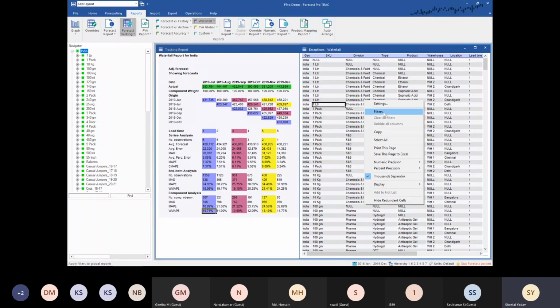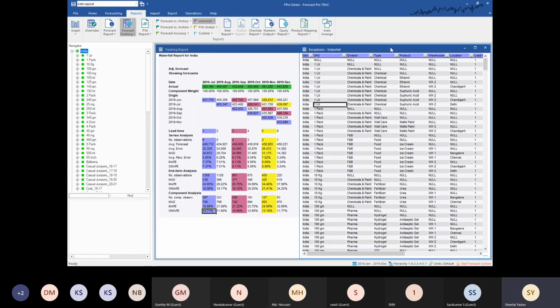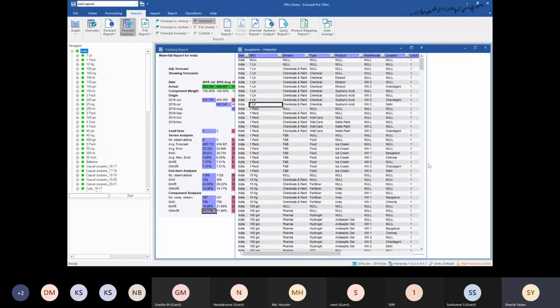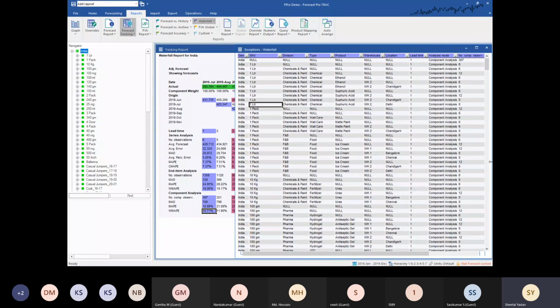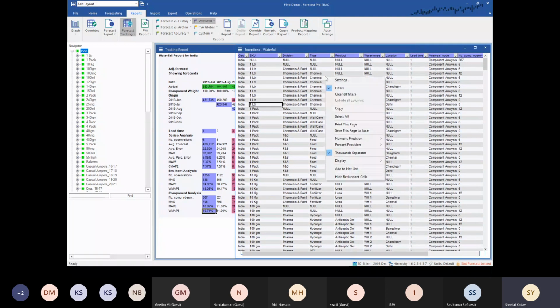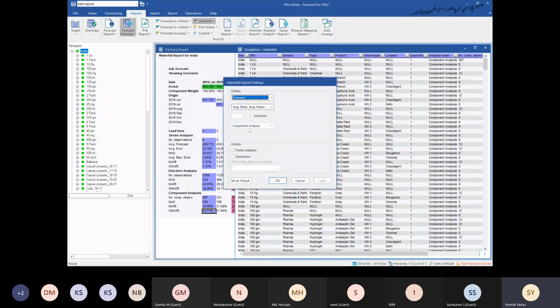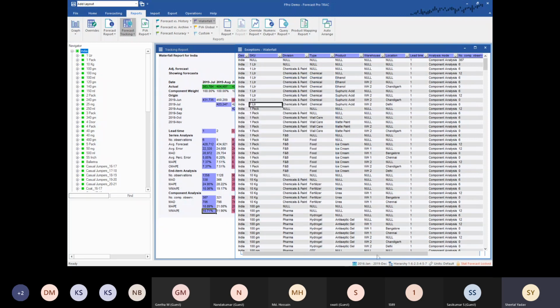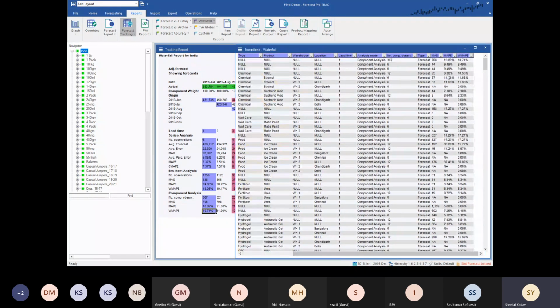So you can activate the filters over here, and you can actually look at the component analysis. So over here also you can define whether you want to look at component analysis or any of the other information. You can select all of the options that you get to see over here, click OK, and you can export out the report.